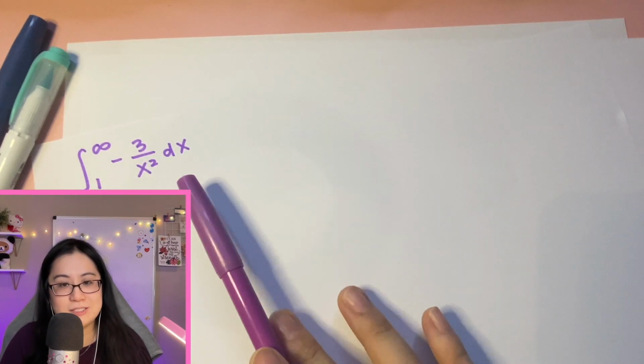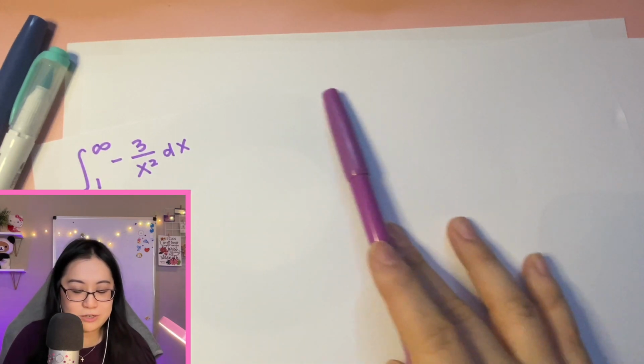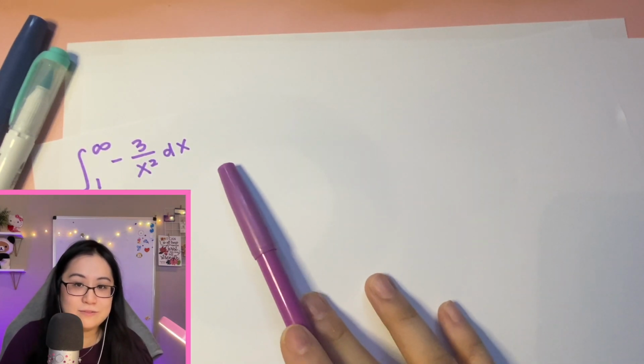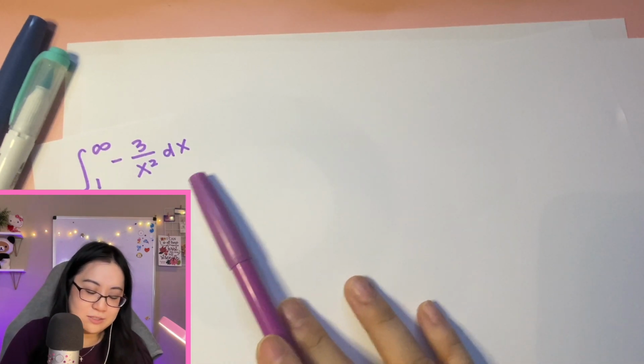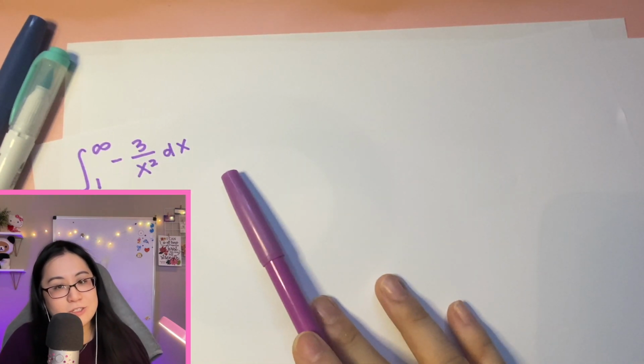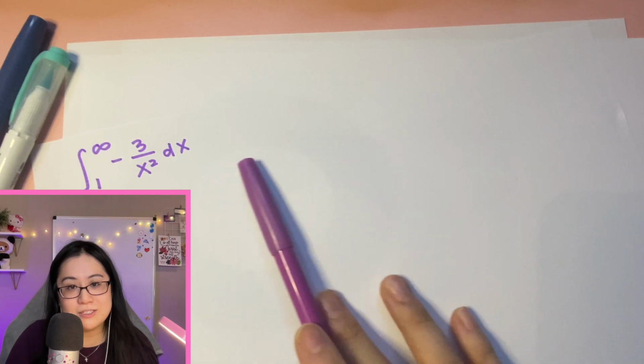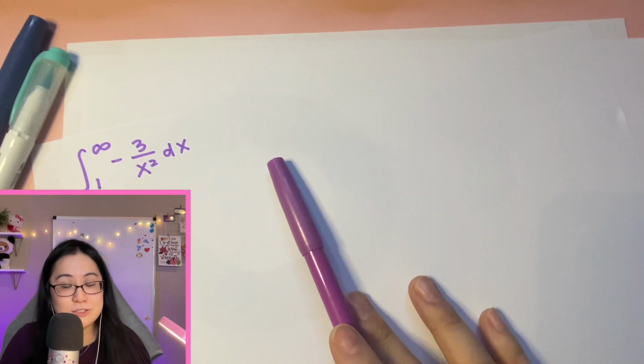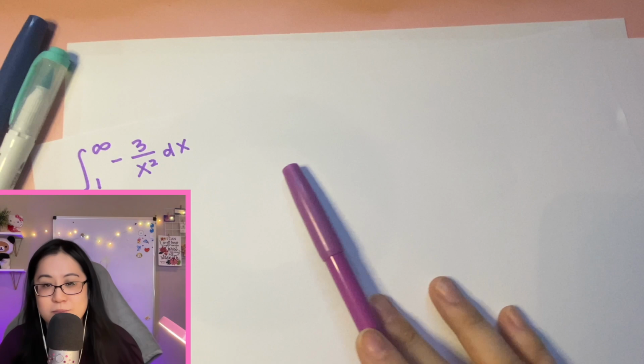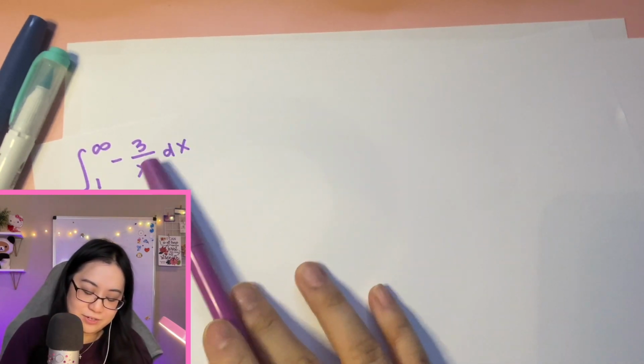Like our basic antiderivative rules that are the opposite of our derivative rules, and perhaps some u substitution, integration by parts, or using some trig substitution. Maybe you've learned some approximation methods, that kind of stuff.